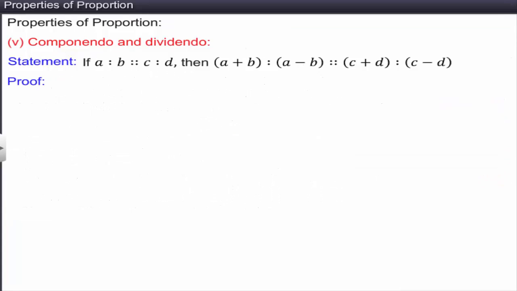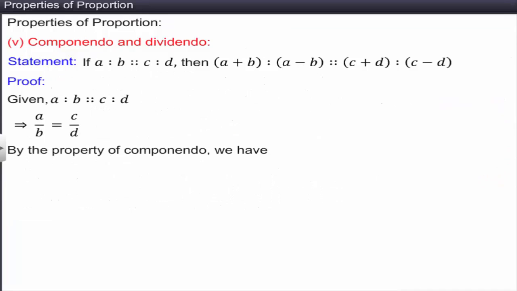We are given A is to B is as C is to D. It can be written as A divided by B is equal to C divided by D. Now, by the componendo property, we have A plus B divided by B is equal to C plus D divided by D. Let's take this as equation 1.